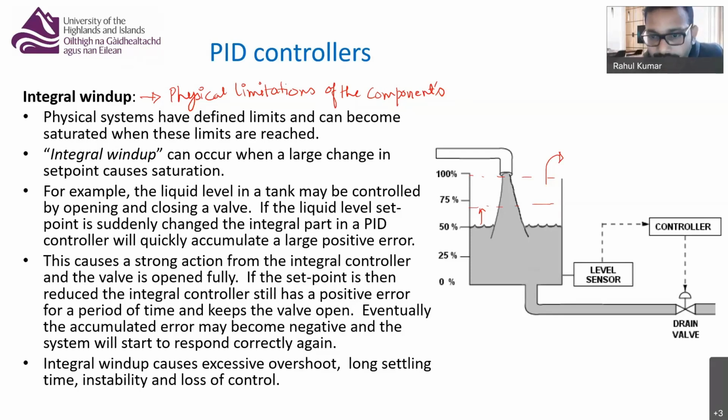To avoid this integral wind up, we generally prefer to set certain limits in our control system design, so that it does not happen. So if my motor can only rotate at 500 RPM, I would generally set a cutoff point at maybe 450 or 490 RPM only, so that my motor is safe and secure.